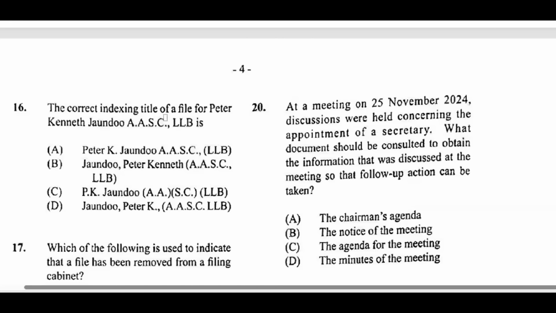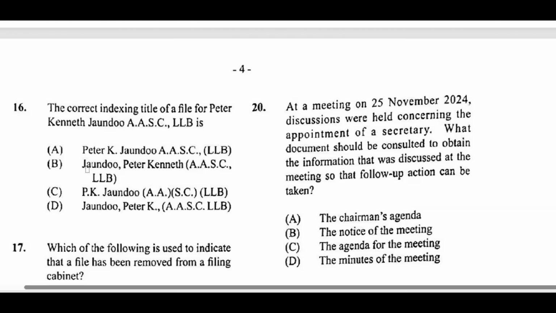The correct indexing title of a file for Peter Kenneth Jandu, AASC, LLB, he has a law degree, is, when we are filing, remember the rule: surname first and first name, everything else comes after. So surname first, which one has Jandu first? So the answer is between B and D. Surname first, then first name.